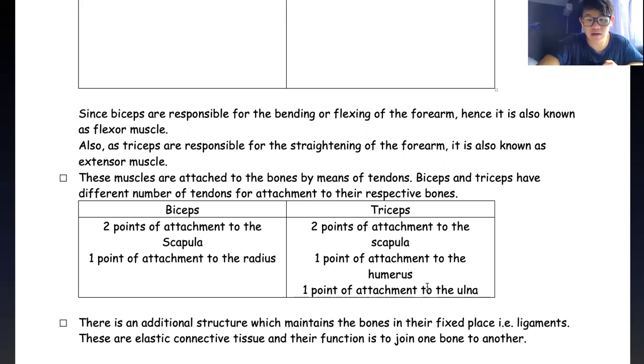Whereas here, for our tricep, it has two attachments. Okay, two attachments arah our... so it's actually not properly seen there. So perhaps I could see it better here. Okay, so there's actually attachment satu arah ia punya shoulder, arah scapula.